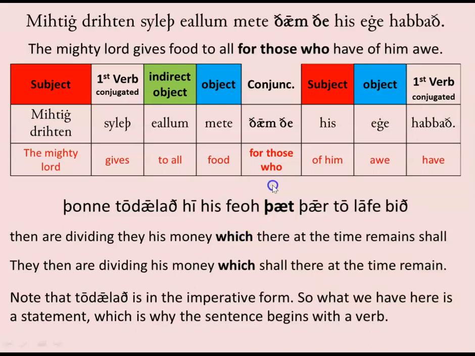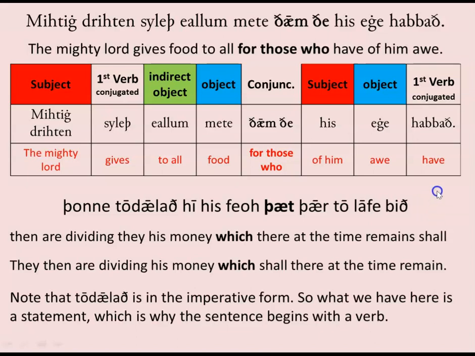So that introduces the relative clause because it's going to add a little bit more information. Then they are dividing his money, which there remains shall, thar tolava bith. Shall is that sort of future tense there. It will remain after everything else. They are dividing whatever remains there after some event.